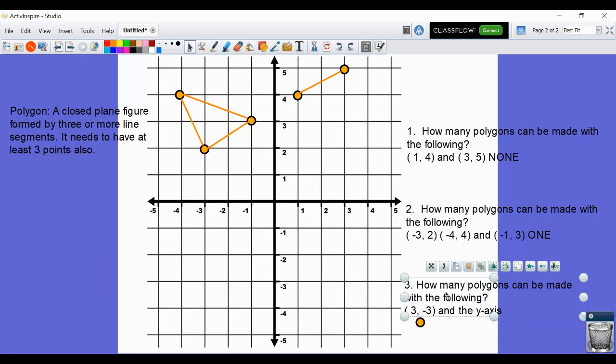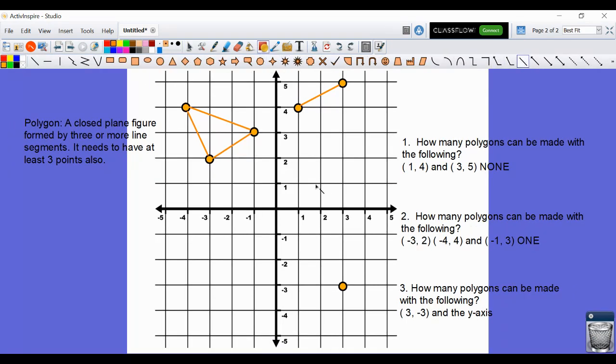And our last example, how many polygons can be made with the following? So this one's a little trickier. So if we have a point at +3, -3, so we'll go to +3, -3, and then the y-axis. Remember, this is our x-axis, this is our y-axis.